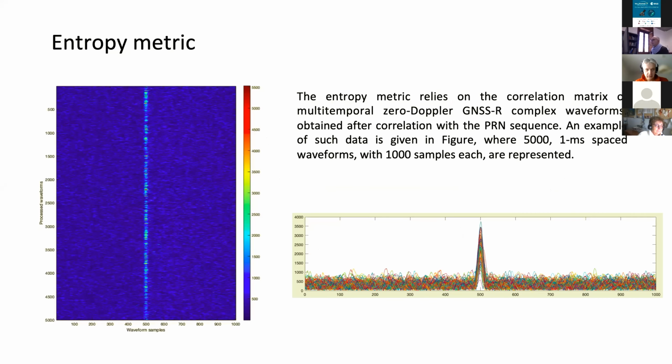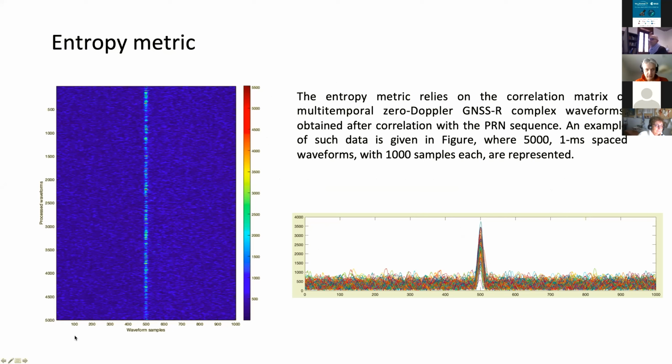So this approach, the entropy metric, is based essentially on raw data. So we start from raw data, and there is a first processing of raw data in the way that we may form a matrix, the matrix that you can see on the left side.